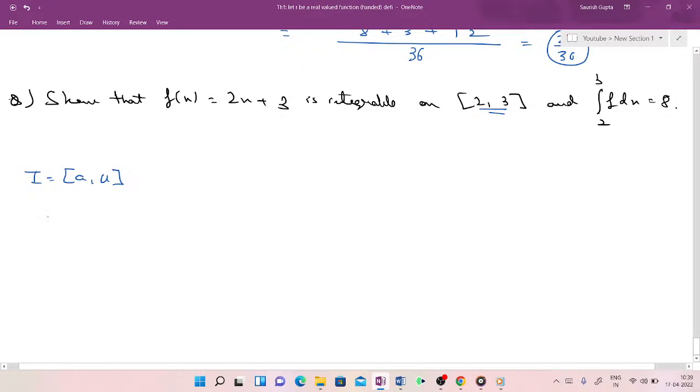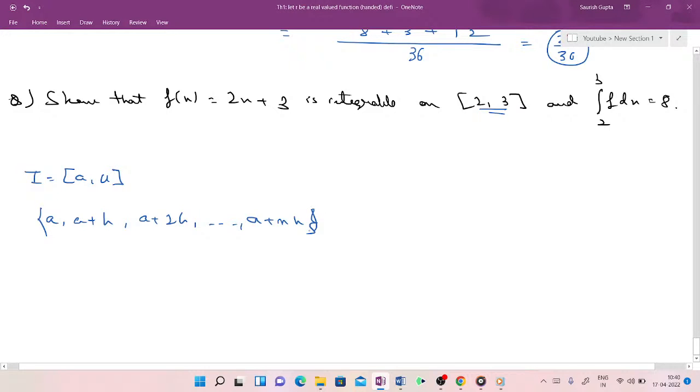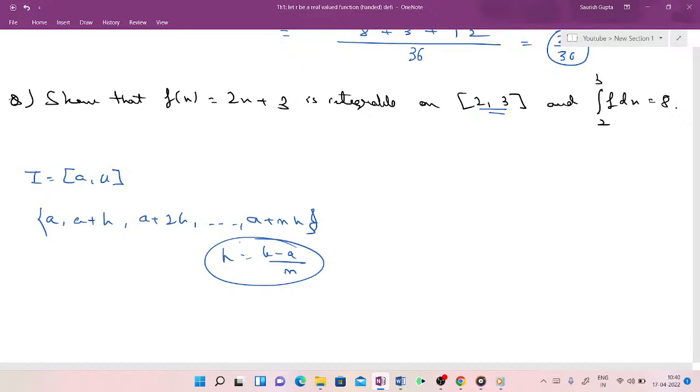We start with the value of a and then we keep on increasing the elements of the partition by h, till we reach nh, and this h is equal to (b minus a) over n. H is equal to (b minus a) over n. Is it clear? Got it?